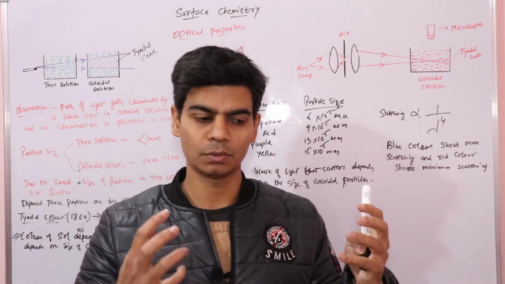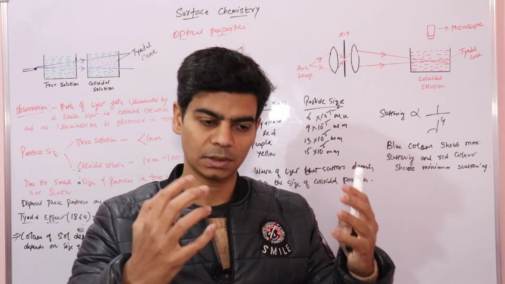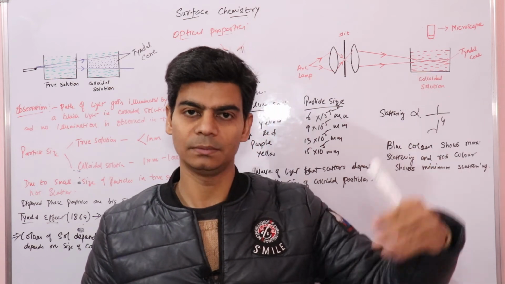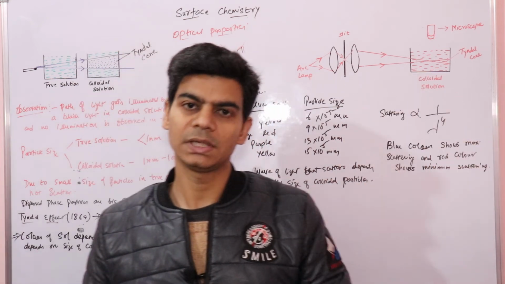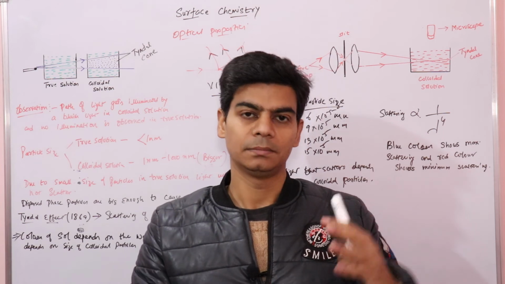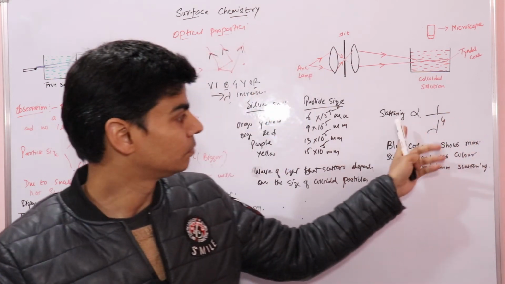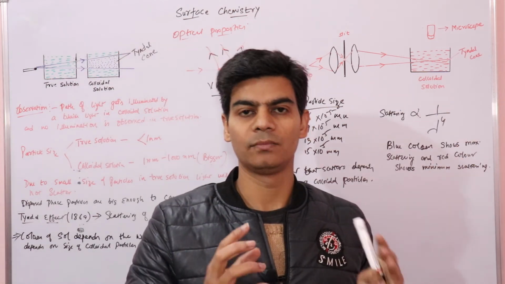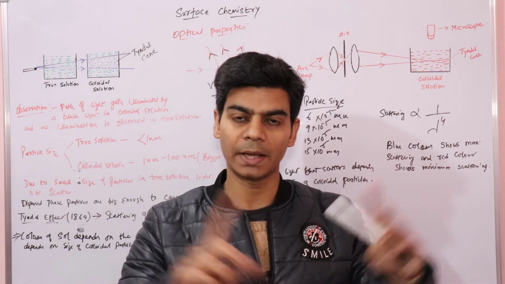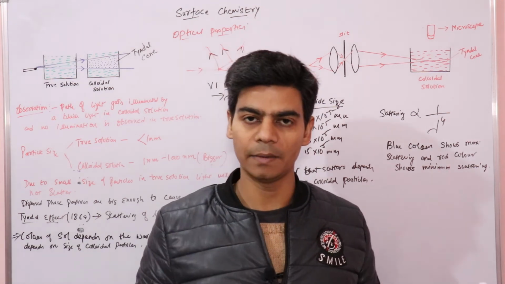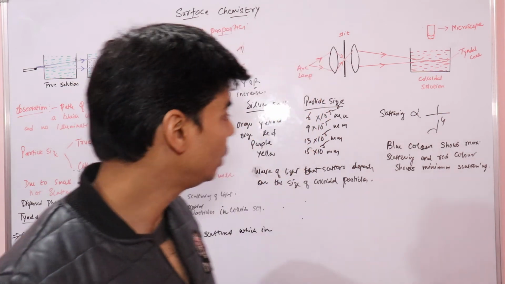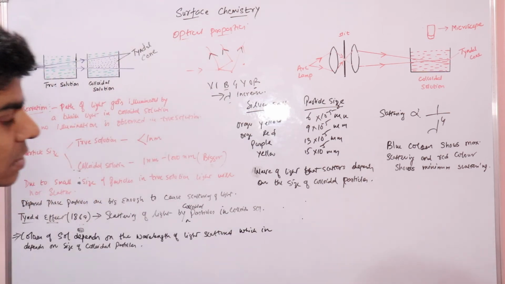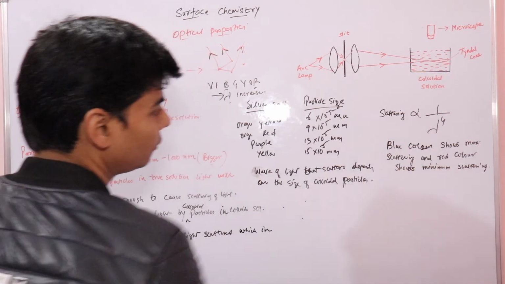The color that we see is due to scattering of light. When the light of the sun travels in air, it will scatter the light, and as per this relation, the scattering of light would be maximum for blue color. That is why the sky appears blue to our eye. It is due to the maximum scattering of blue color based on Rayleigh's relation: scattering is inversely proportional to the fourth power of wavelength.